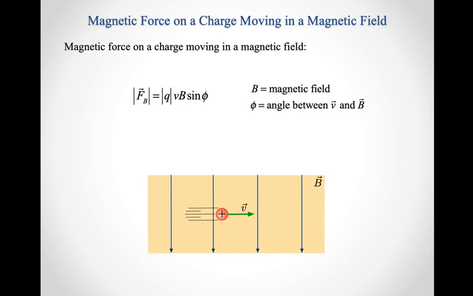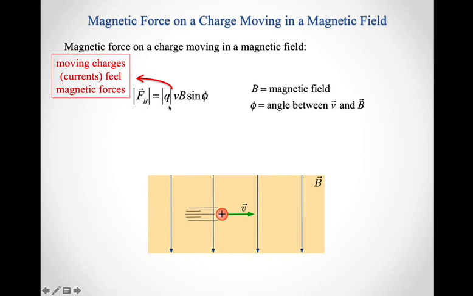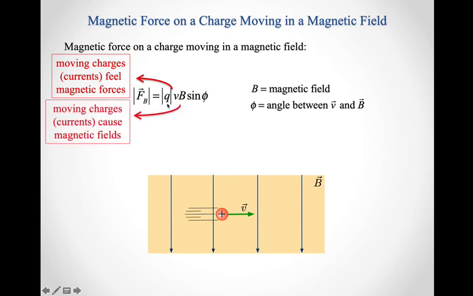Just like we saw before, this equation still tells us that currents feel magnetic forces. It's just currents are moving charges. So we're not writing it with an explicit I sitting here, but that current is being represented by Q times V. So we have moving, that's the V, charge, there's the Q. So moving charges feel magnetic forces because, of course, moving charges, aka currents, cause magnetic fields.